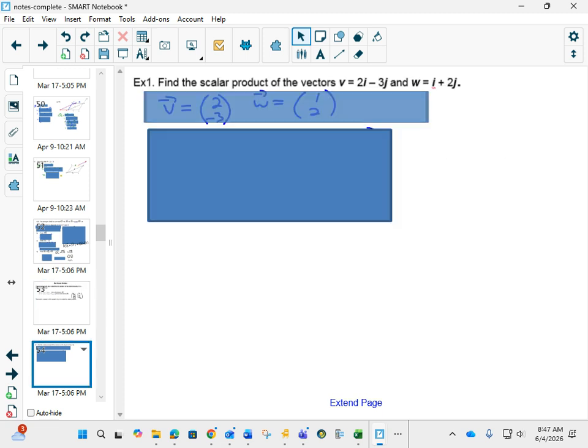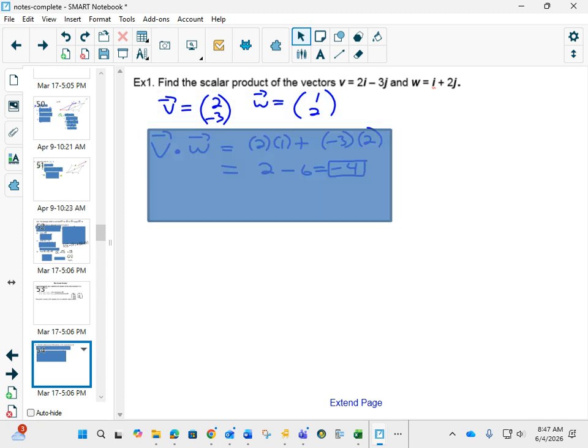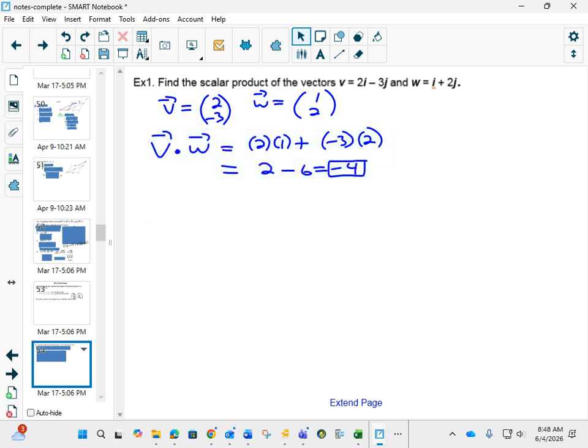So you take your two vectors as column vectors, you crash them into each other, the 2 hits the 1, the -3 hits the 2, you add up the pieces. And notation-wise, we write the dot product with a big dot in between. That's important because we're going to learn that vectors have 2 different forms of multiplication. They have the dot product and the cross product.